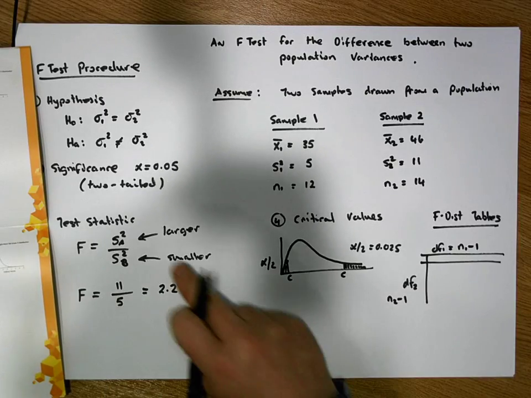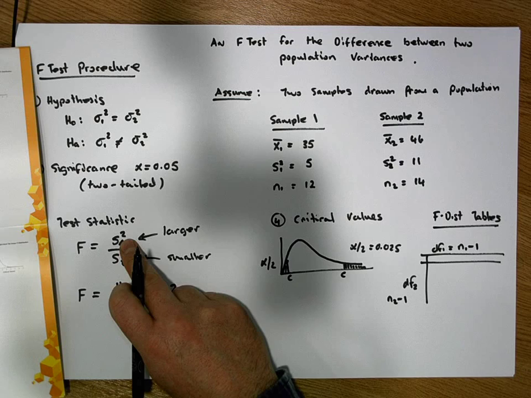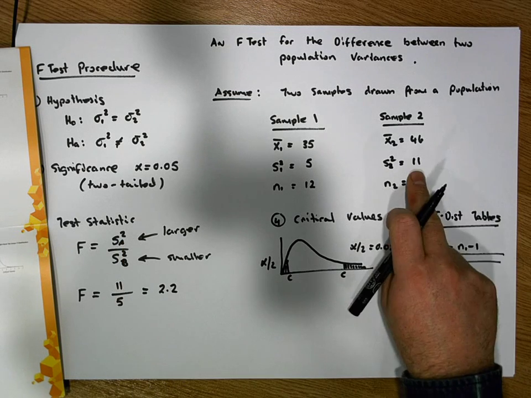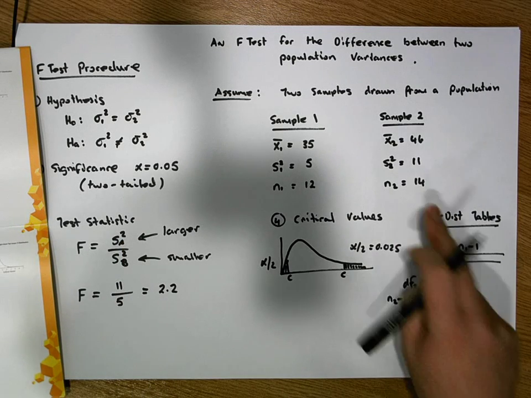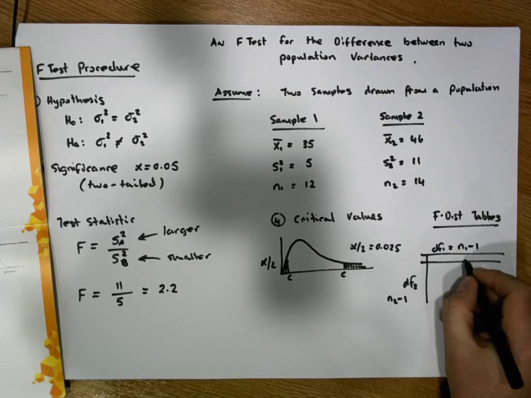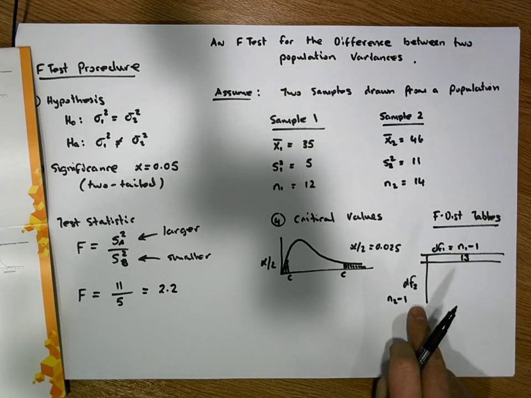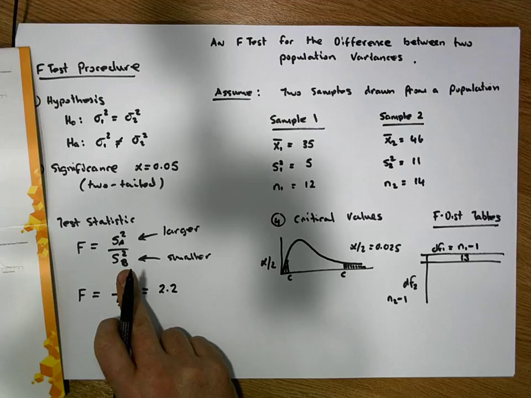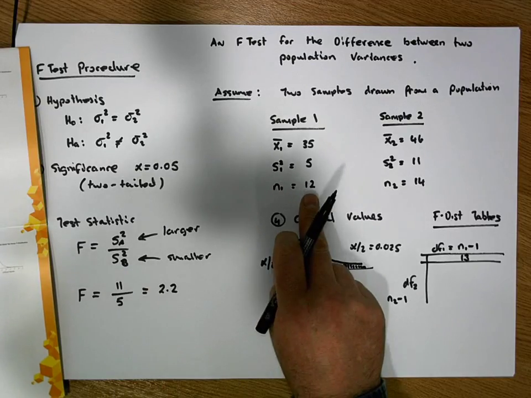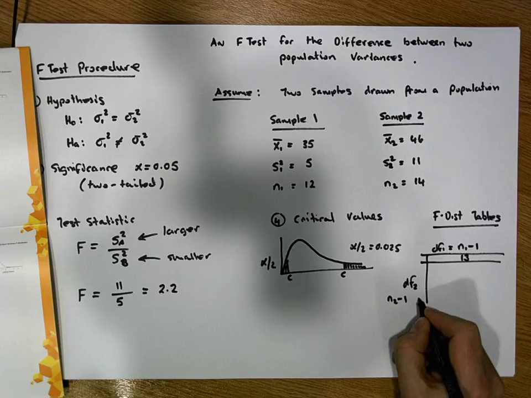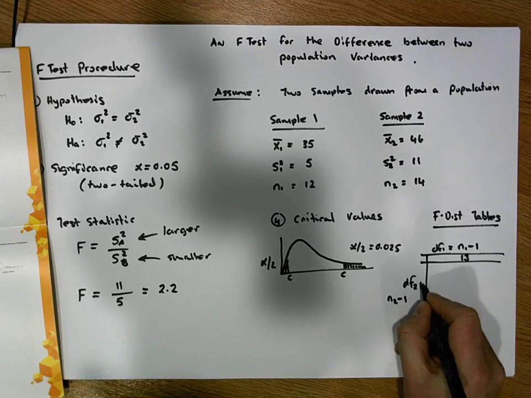What's on top is the larger of the two variances, which is 11. The sample size is 14, so 14 minus 1 gives us a value of 13. What goes along here is the degrees of freedom associated with our smaller variance, which is the sample size of 12 minus 1, which gives us a value of 11.